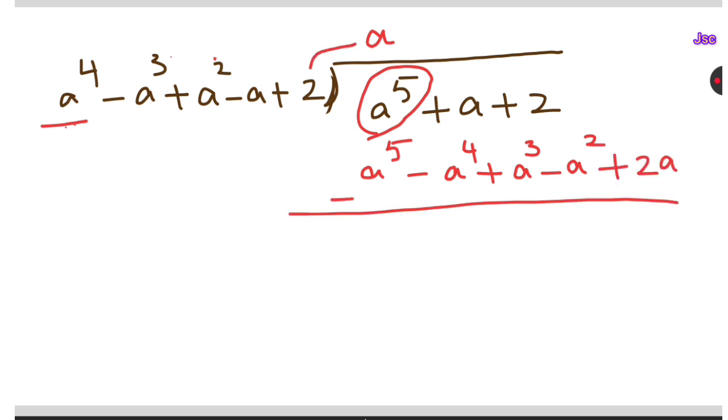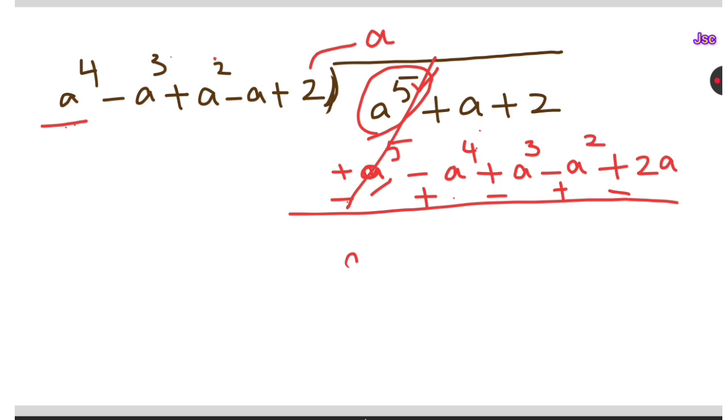First we need to change the signs. So this, we already have, is a plus sign. After changing it will become minus A raised to the power of 4. When the sign changes, it changes into positive, and here negative, here positive, and here negative. So here plus A raised to the power of 5 and here minus A raised to the power of 5 gets cancelled. And then here we only have A raised to the power of 4, a single term.